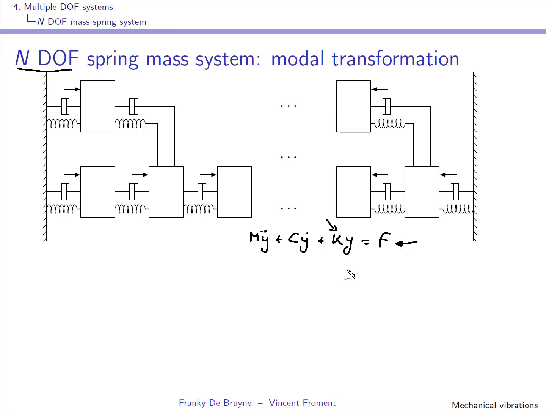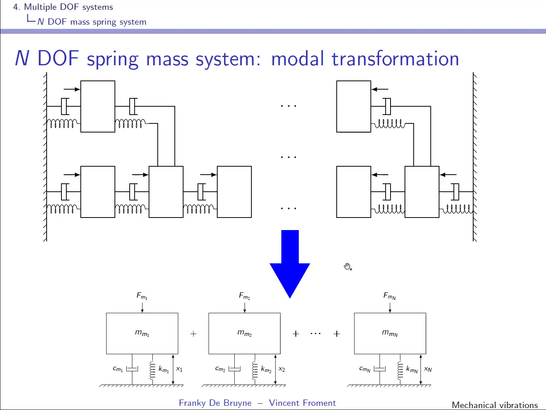We have seen previously that it's also a simple eigenvalue eigenvector problem to transform the system to a set of decoupled differential equations. So you can view that as n individual single mass spring systems.